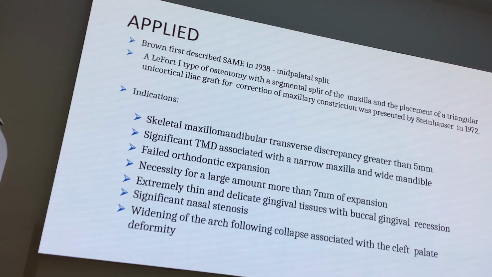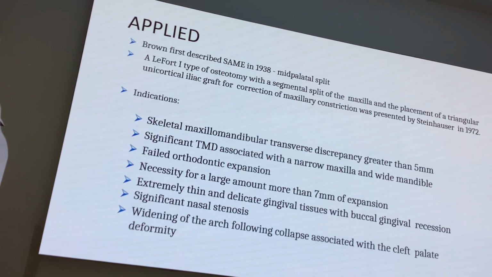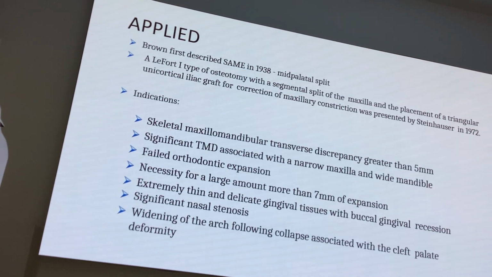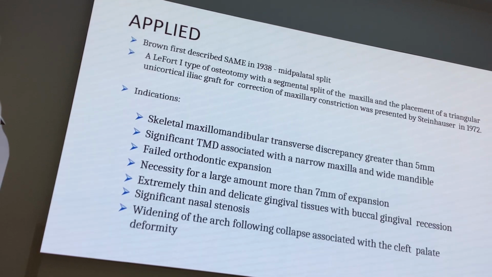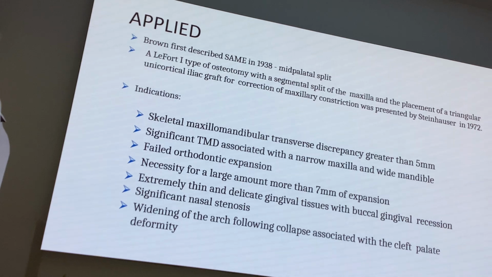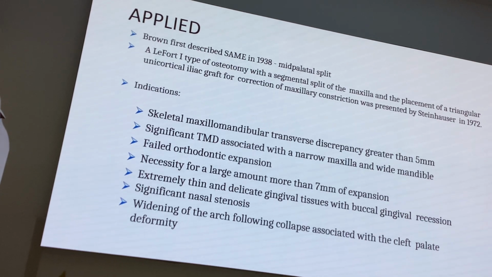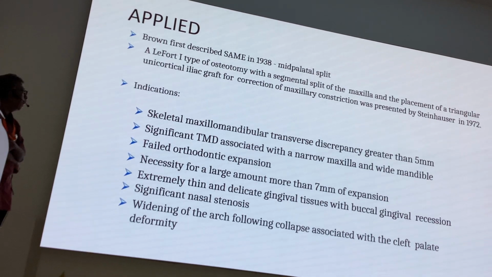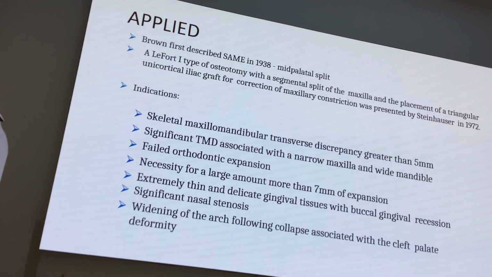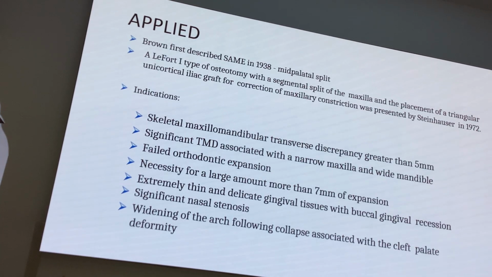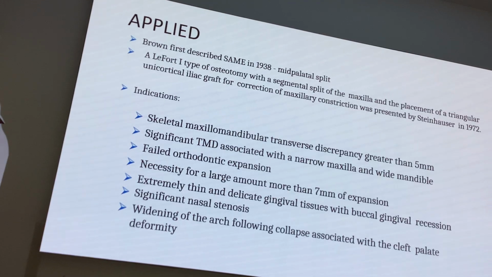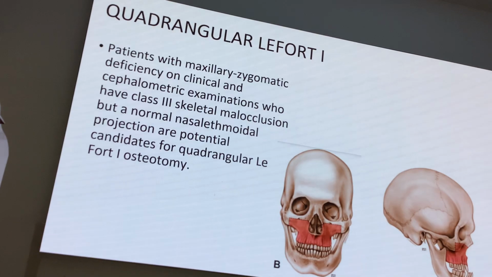So these are the cases with skeletal maxillary transverse discrepancy greater than 5 mm, significant crowding associated with a narrow maxilla, failed orthodontic expansion, obviously large amounts of expansion, thick gingival tissues, and widened arch collapse associated with cleft deformities.